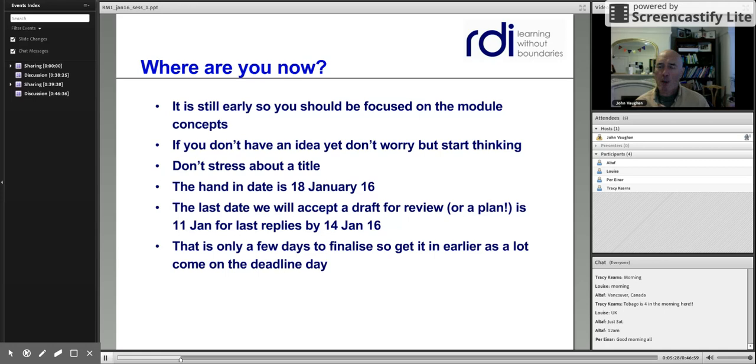One of the traps that people fall into in this module is that they actually ignore the module concepts. They think, oh, I'm doing a dissertation on project management, therefore I am going to be doing a proposal on project management. And what we actually get is what's really just an essay on project management.